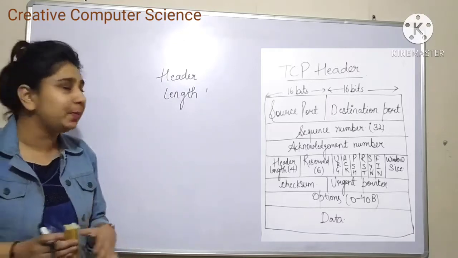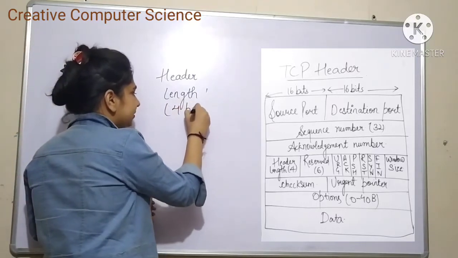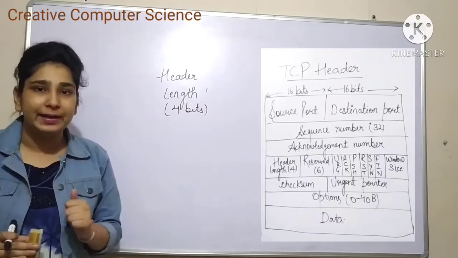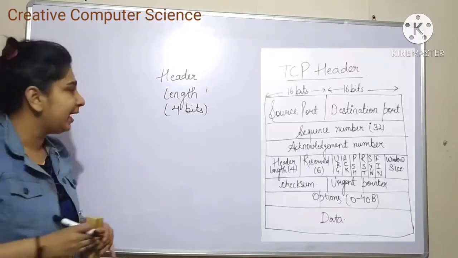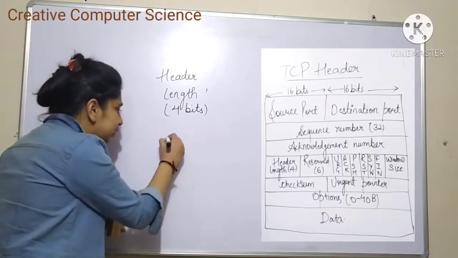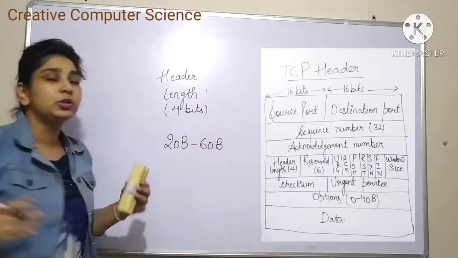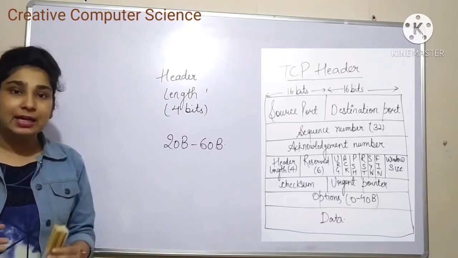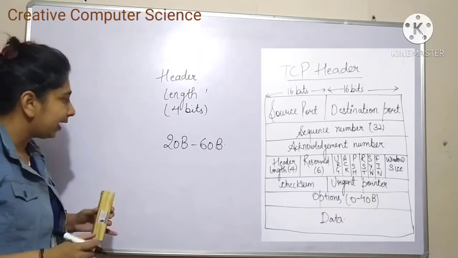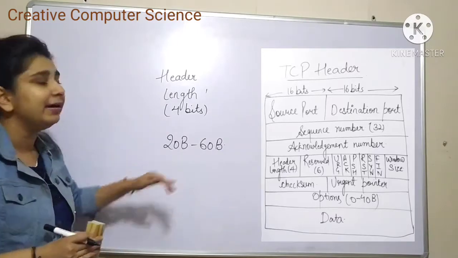This header length field is actually 4 bits, but the length of the TCP header lies in the range from 20 bytes to 60 bytes, because the 40 byte field is optional in the TCP header.